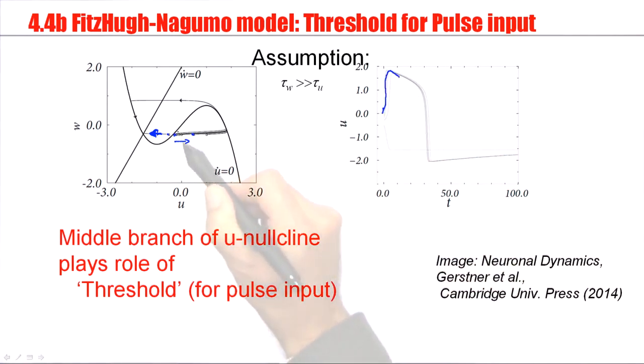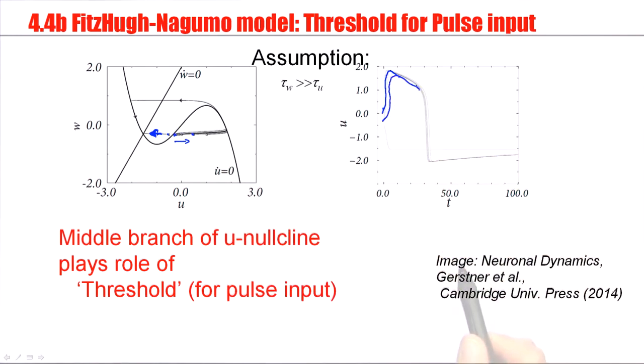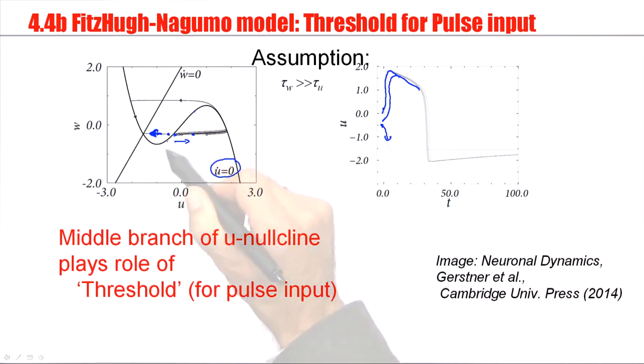If you start on the left-hand side of this branch, you will go down immediately. In other words, the middle branch of the U-null line acts effectively as a threshold for spike initiation under pulse input.